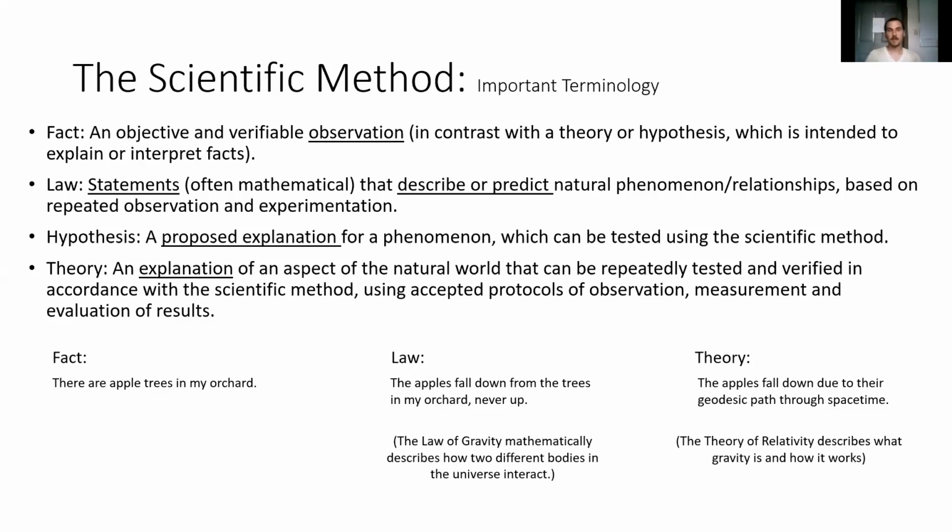A geodesic path, the basic idea is it is a straight line drawn on a curved plane. So if you look at a globe, and the globe has lines of longitude and latitude, they are straight lines drawn on that curved surface, so they are geodesic paths.